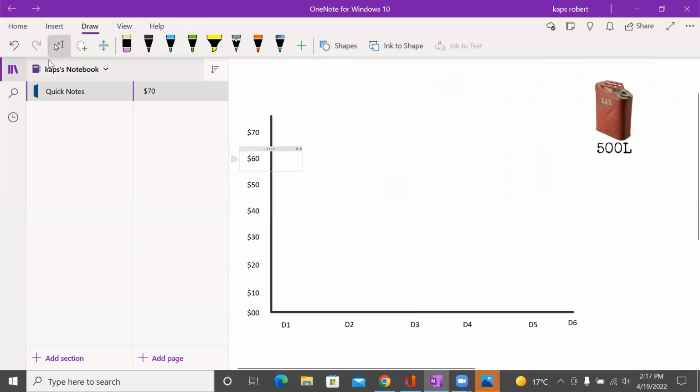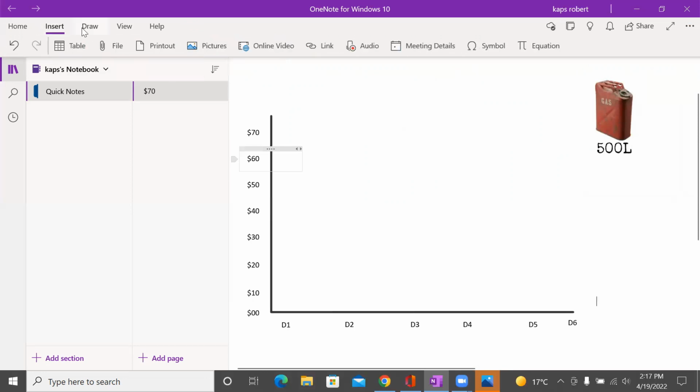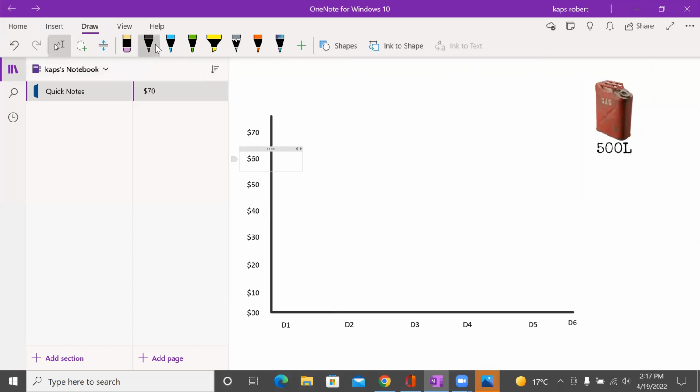Let's say, okay, now it's a business. We're not talking about a person anymore. We're talking about a business, you understand? This business started their petrol at $70. When the petrol is going down, on day one the petrol was at $70, and then on day two it's at $30. And then on day three they refilled it to $50.